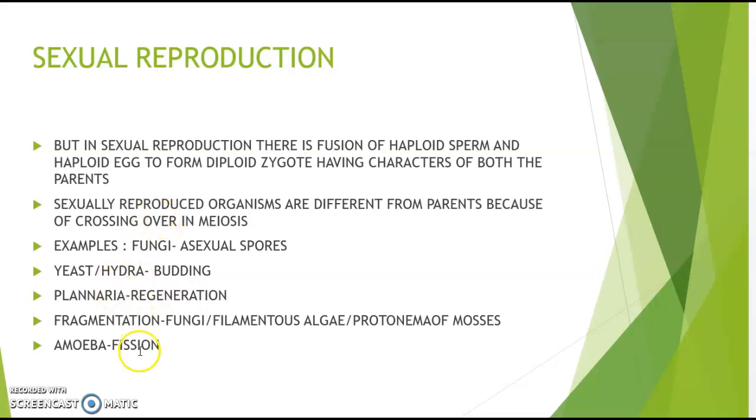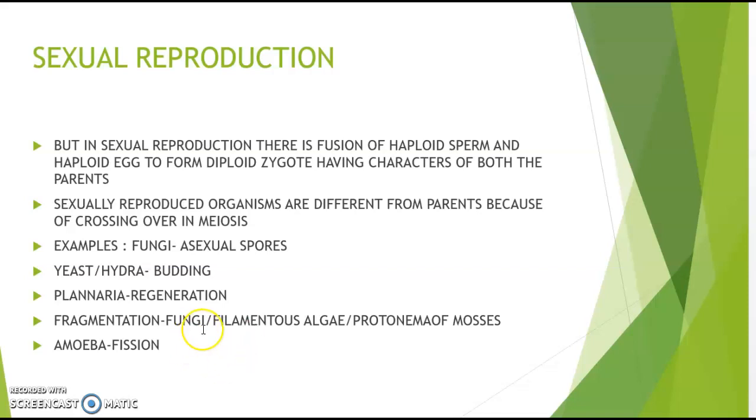Now there are certain examples where we can check what kind of reproduction is occurring. Like in fungi, it is mentioned in NCERT class 11th in this chapter also. In fungi, asexual spores are forming. In yeast and hydra, budding is there. In planaria, it reproduces by regeneration: one planaria breaks into two parts and every part regenerates to form a complete new planaria.